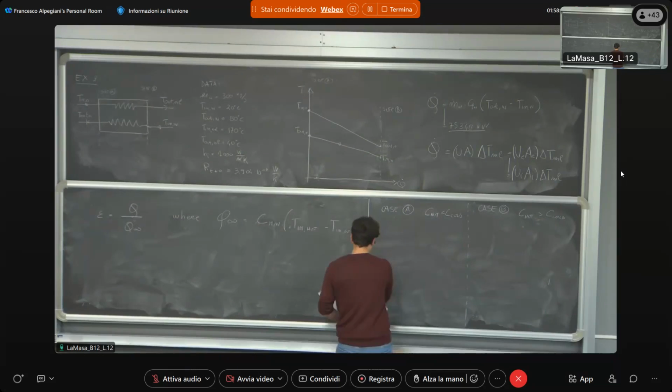For these cases, we can also write the TQ diagram.